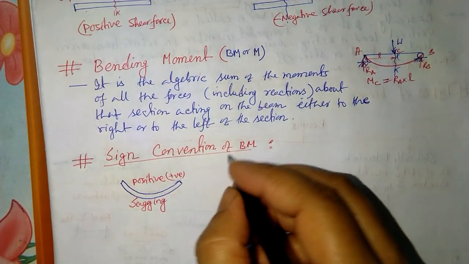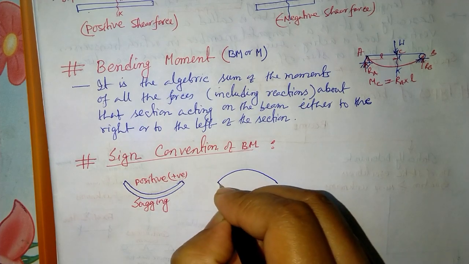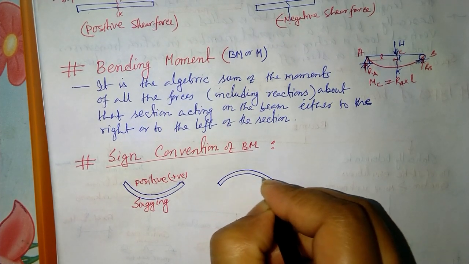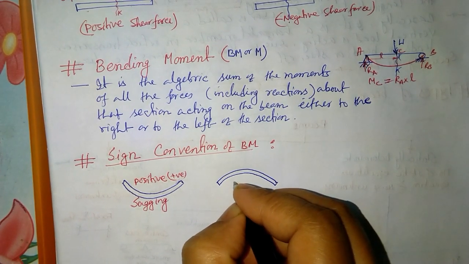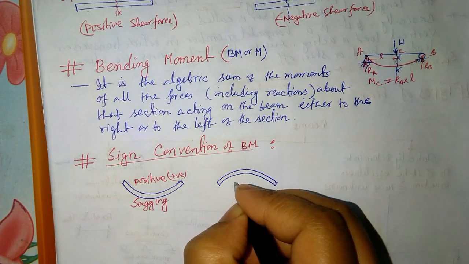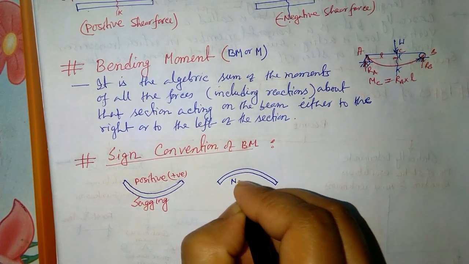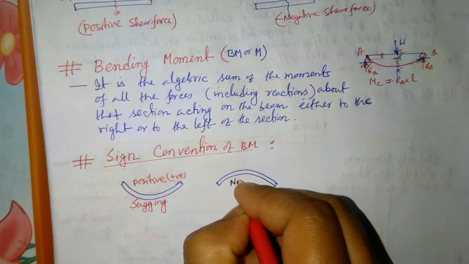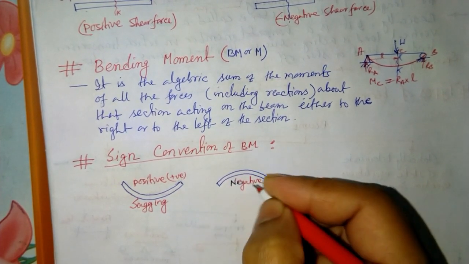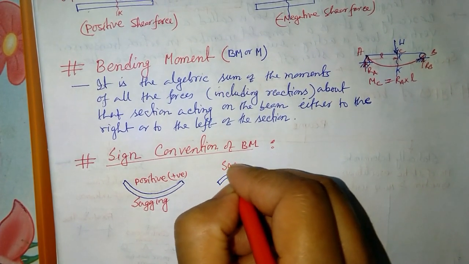On the other hand, if it is concave downwards, or if it is convex, then we take this as negative.